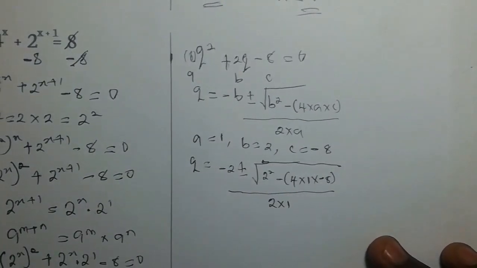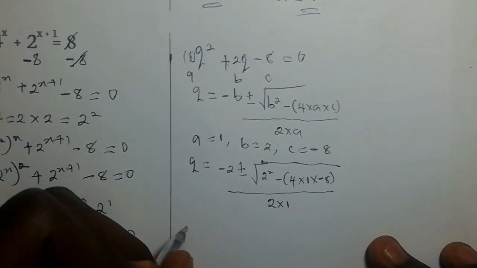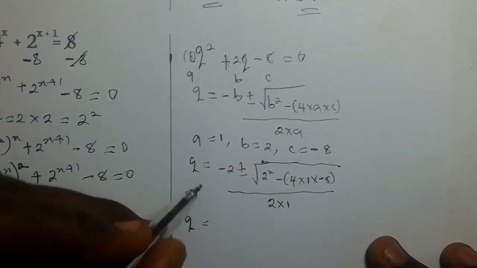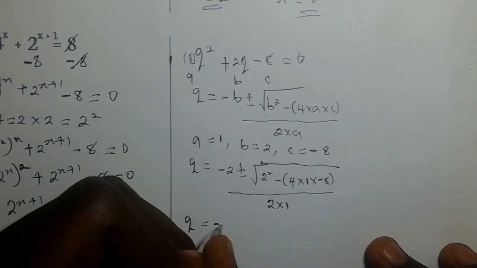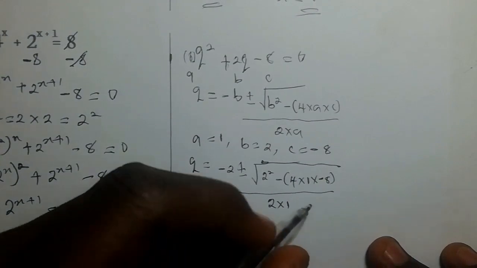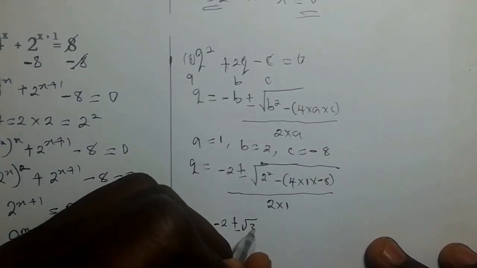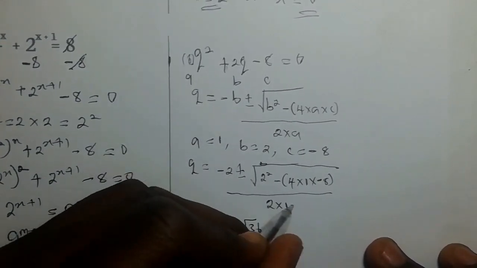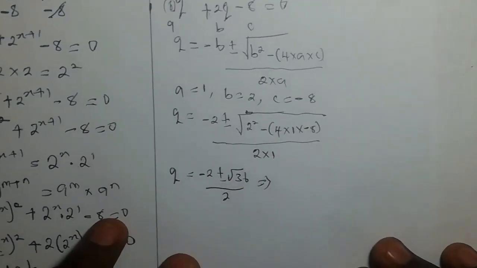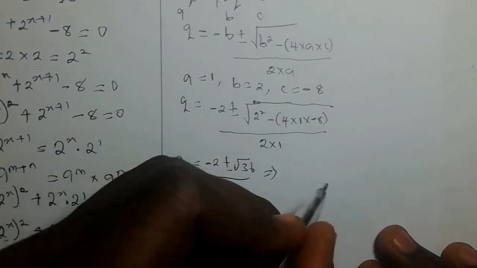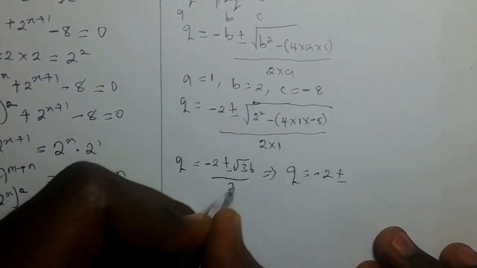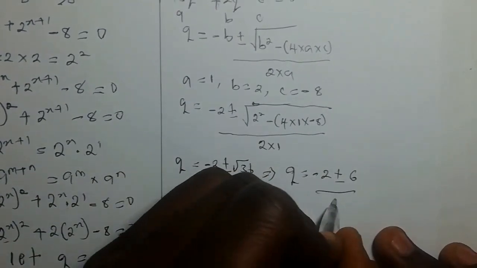So using a calculator, we get q is equal to minus 2 plus or minus whatever is inside the bracket, which results into a square root of 36, all over 2 times 1, that's 2. This implies that q is equal to negative 2 plus or minus square root of 36, that's 6, over 2.